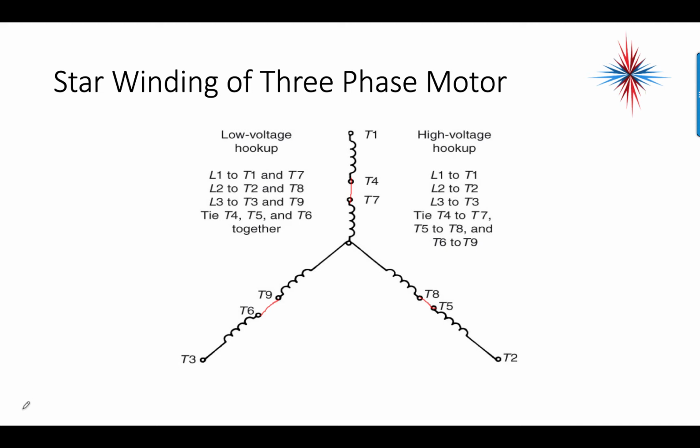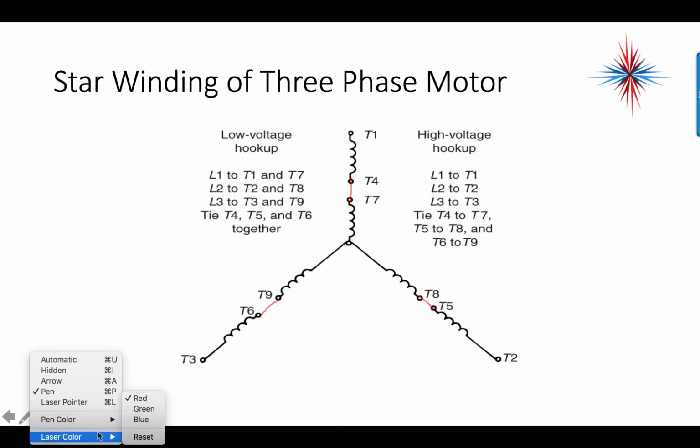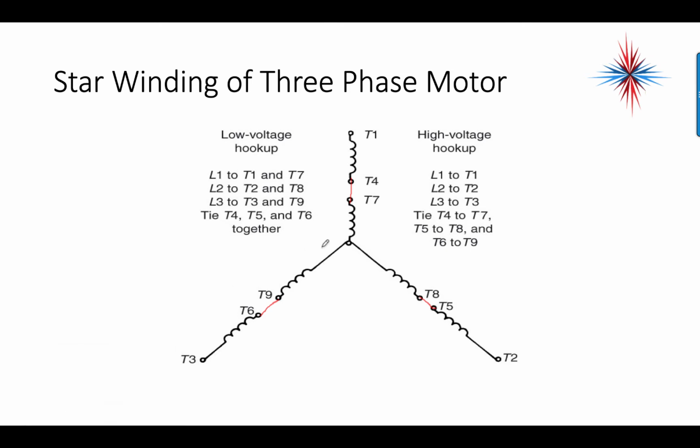If we do this for the low voltage, let's change pen color. I'll go to blue, and if I follow this direction, we're going to tie T4, T5, and T6 all together.